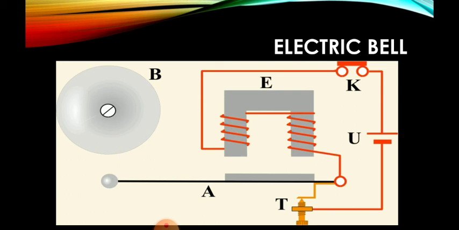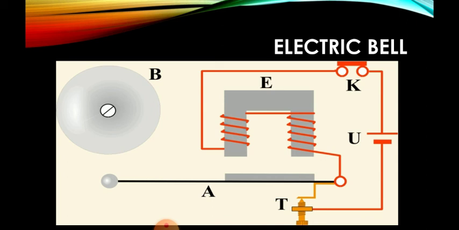So once the key is switched on, you will find that the contact screw is in contact with the iron strip. When the current flows, the coil electromagnet will behave like a magnet. Why? Because when the current passes through the wire, that iron piece will behave like an electromagnet.